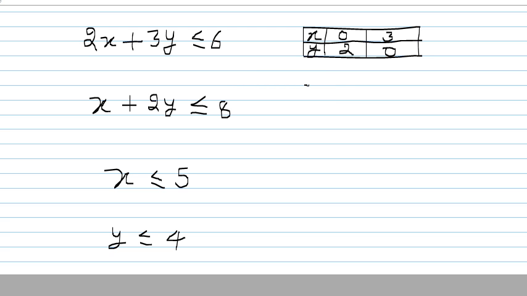Otherwise you can put any other values, but a lot of calculation may be required. Now I'm going to take a few more values for the second inequation and draw their table.